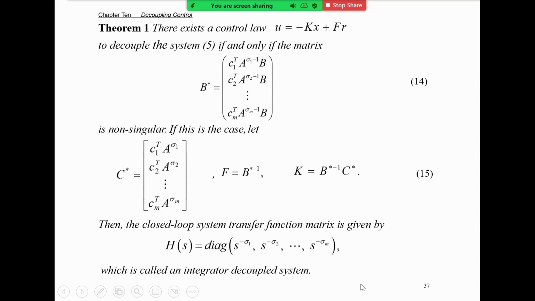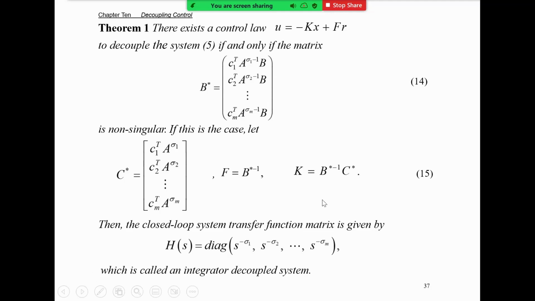Now we can state the theorem, the solution for the decoupling problem. There exists a feedback control law, minus Kx plus Fr, that can decouple the system if the B star, this matrix, is non-singular. If that is the case, this is the way we can compute the gain matrix.